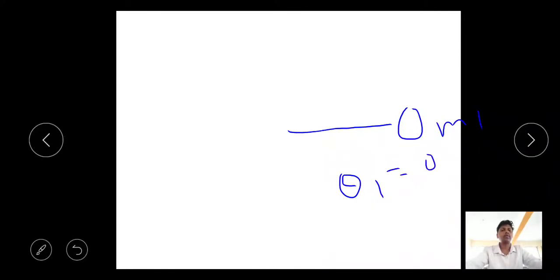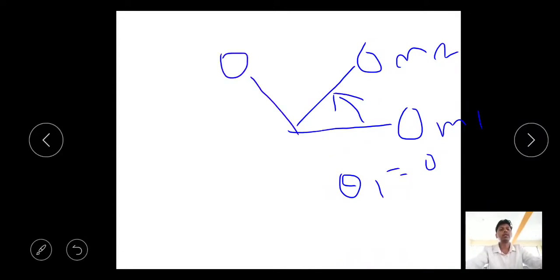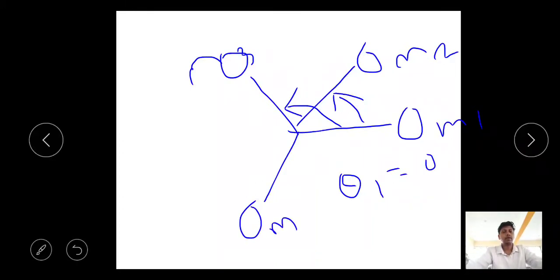In the two problems we have solved, the angle of m2 was given from mass 1, the angle of m3 was given from mass 1, and the angle of m4 was given from mass 1.